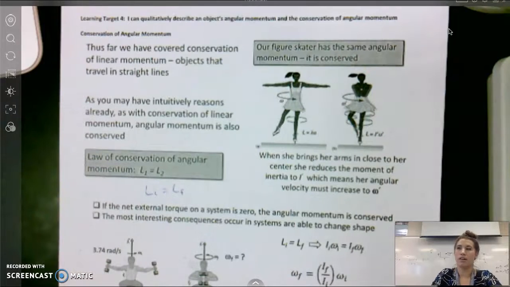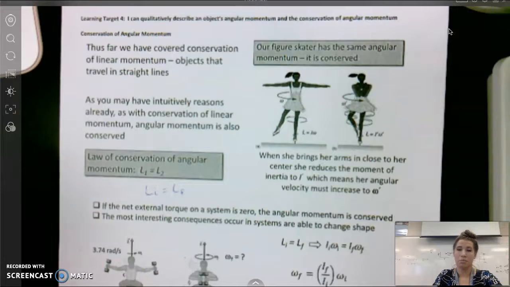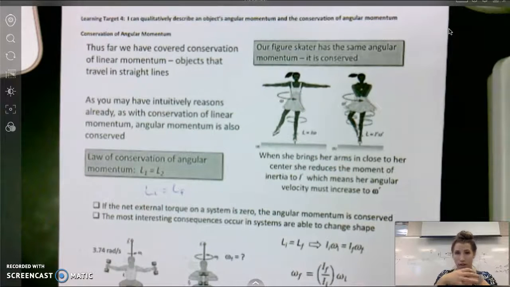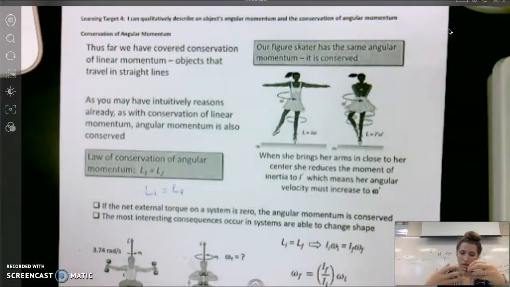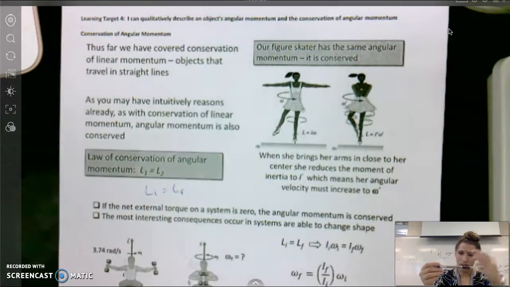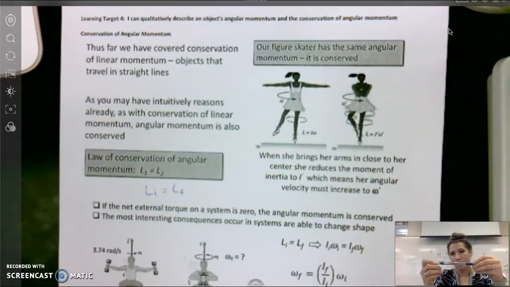So here's another way of viewing that idea of the skater bringing her arms in and spinning faster. We know that if we bring mass of the object closer to the point of rotation, that it reduces our angular inertia or moment of inertia, and it becomes easier to spin, right?